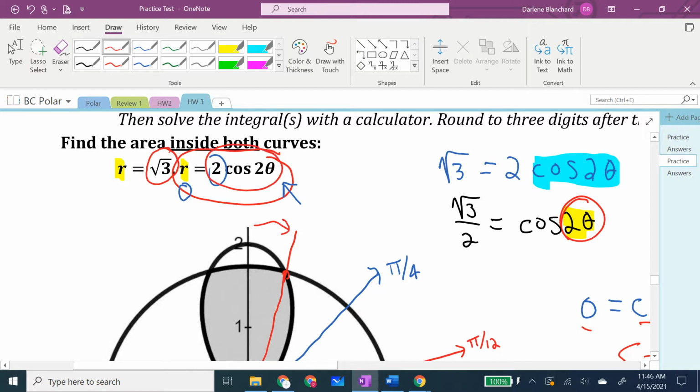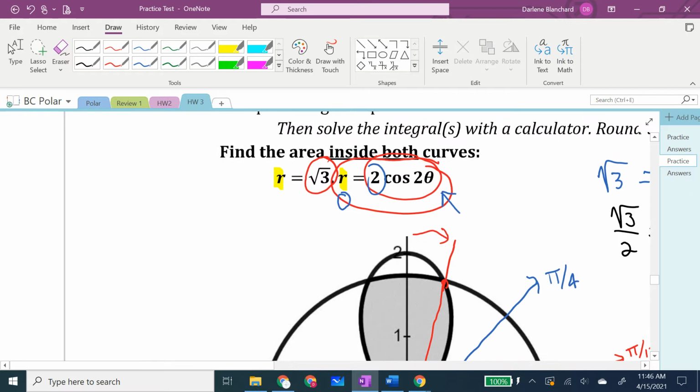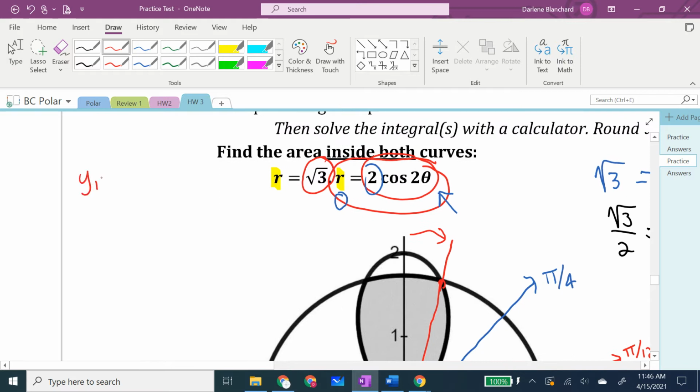You're not going to find it easily in polar mode. You want to actually be in regular function mode. You want to maybe put into your first y the square root of 3, put in your second y 2 cosine 2x, and then look at where those graphs intersect. The x-coordinates of their intersection are giving you the same values as the angles where these graphs are intersecting.